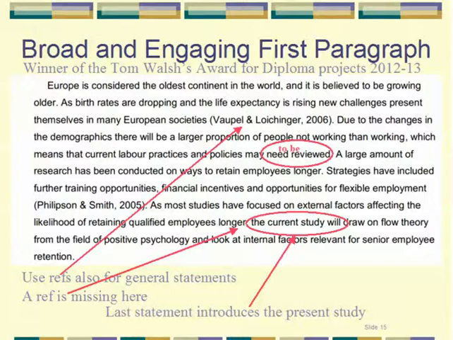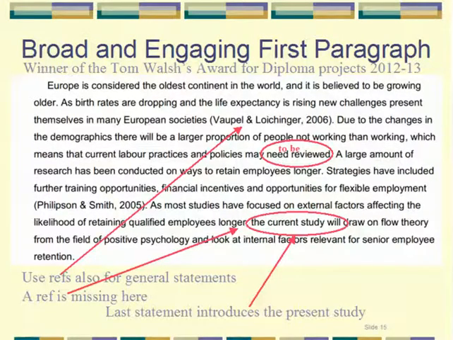A large amount of research has been conducted on ways to retain employees longer. So because the population is getting older, we cannot retire people any longer. We will have to consider keeping them at work for longer.